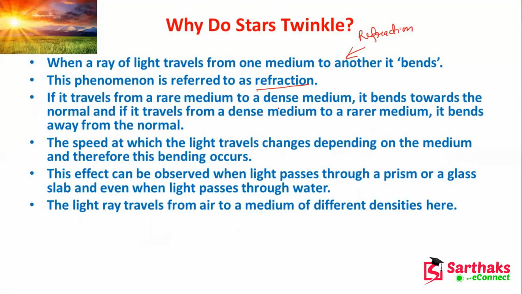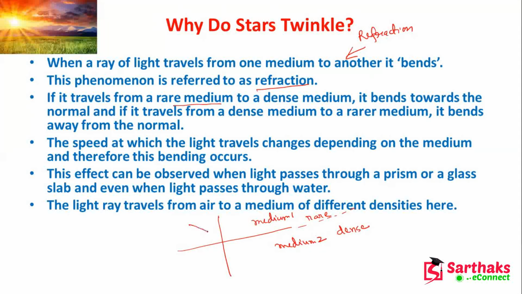Now, if it travels from a rare medium to a dense medium, it bends towards the normal. I am writing here: this is medium 1, this is medium 2. Here the density is low, the rare medium, and here this is the dense medium.